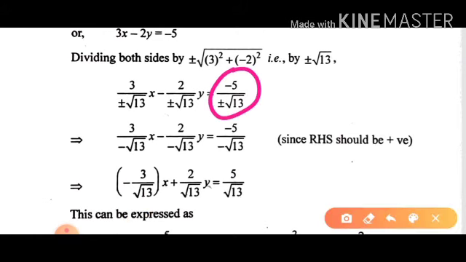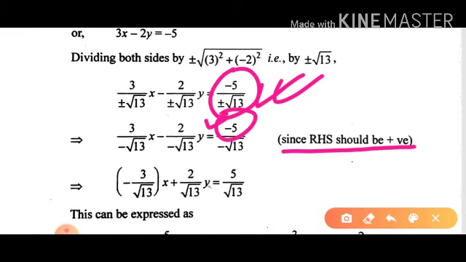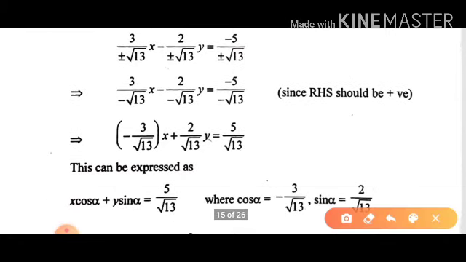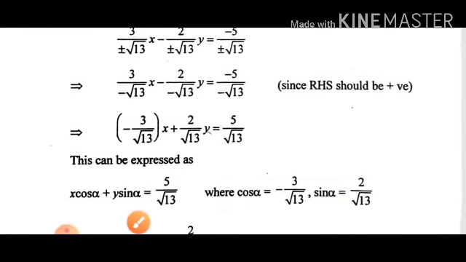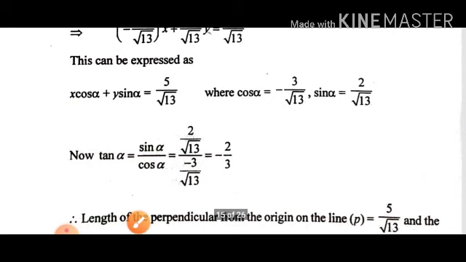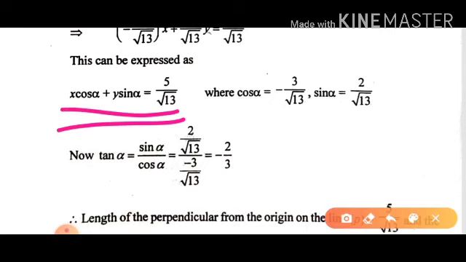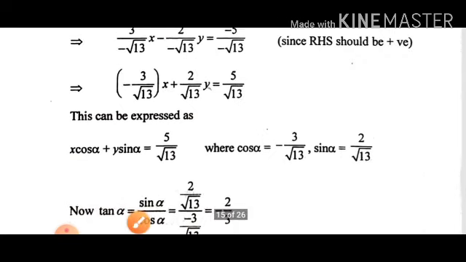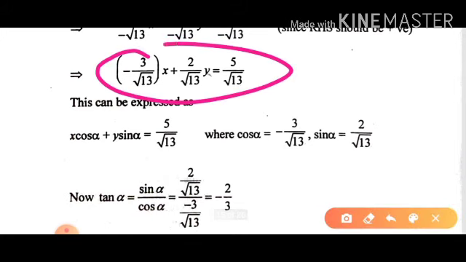So for the denominator, we have to keep the right hand side positive. As above it was already minus 5, here also we need another minus, so both will make it positive. So it is expressed in this form. This is in the normal form.